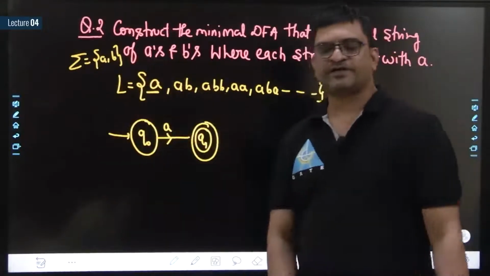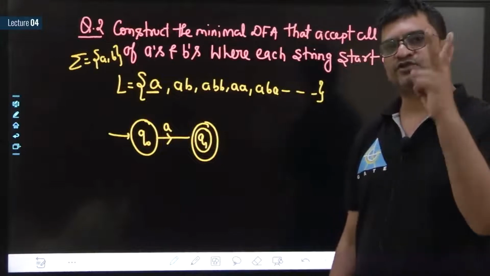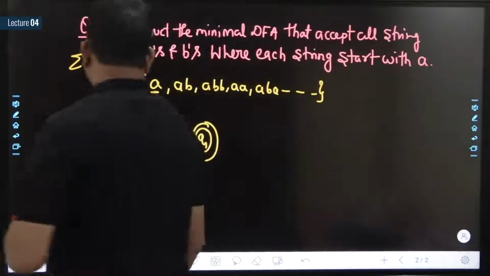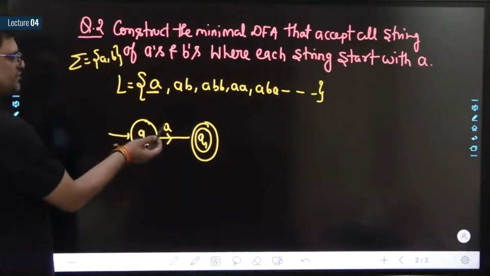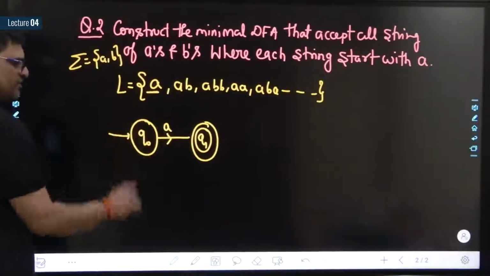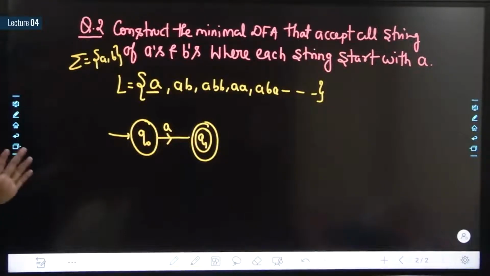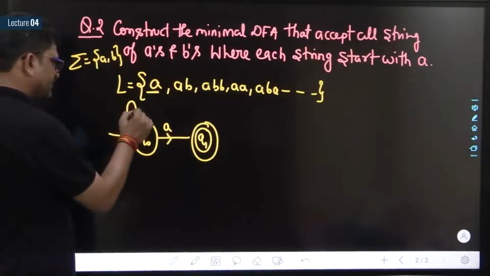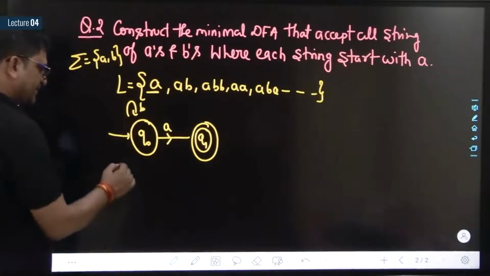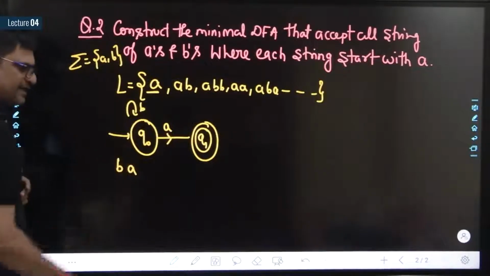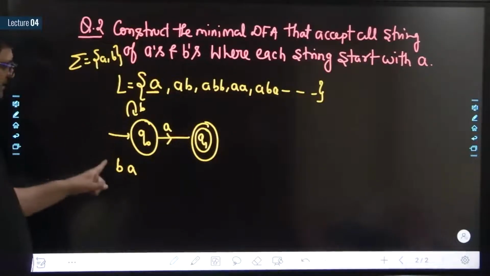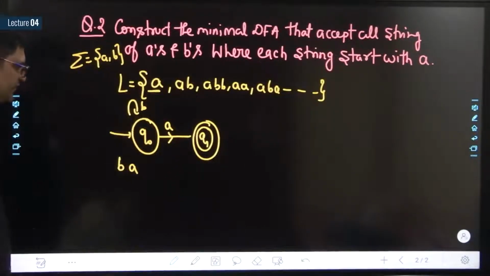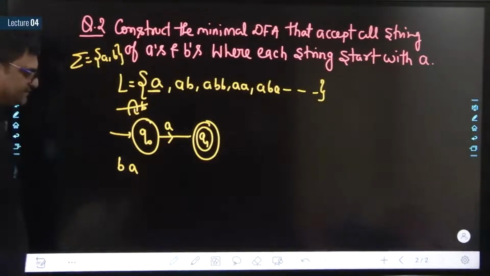We have two inputs, so each state has two transitions, one for A, one for B. Q0 has a transition on A, yes, but Q0 does not have any transition on B. If I make the transition on B here, the string starts with B, and it would accept BA. That is not my language, so we cannot make this transition.